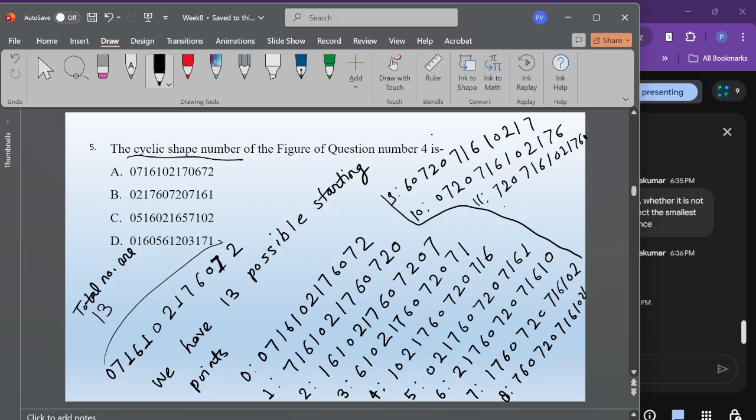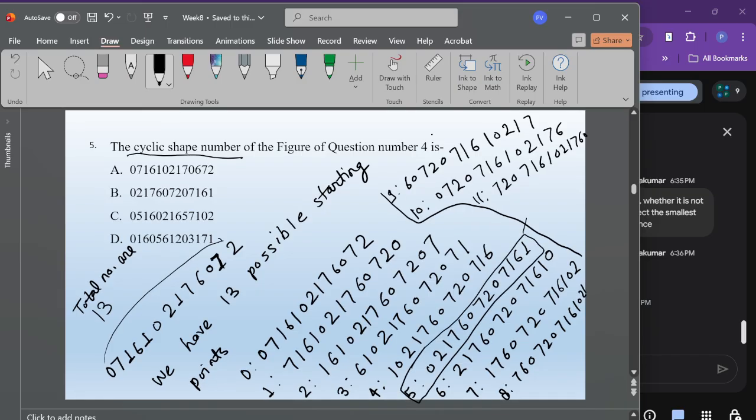Then again, you will get two more next shifts. So from this point, also you can check and see which is the smallest number. If you just check the index 5, this one is the smallest, right? The smallest number.